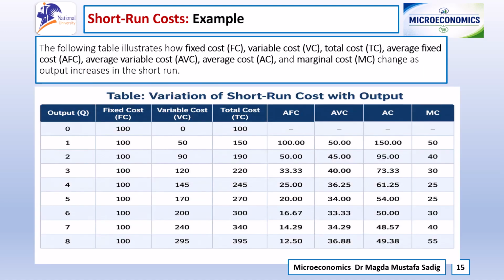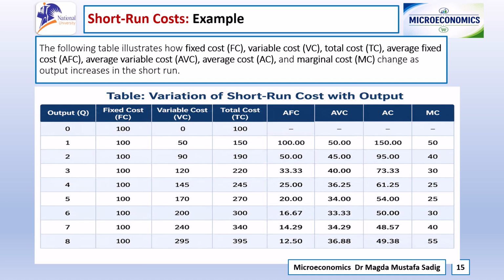Let us come to the summary table. This table combines all short-run cost measures. Notice several important points. First, fixed cost remains constant at all levels of output. Second, variable cost increases as output increases. Third, average fixed cost decreases continuously as output increases.